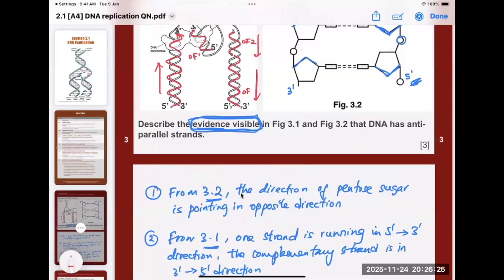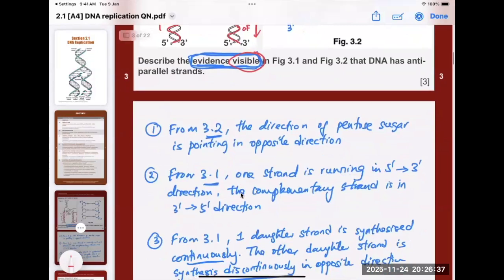Look at the question. They say, describe the evidence visible. So this is the keyword. It has to be visible. And I don't let them guess where I see the thing. I will tell them from this figure, from that figure, what I see.